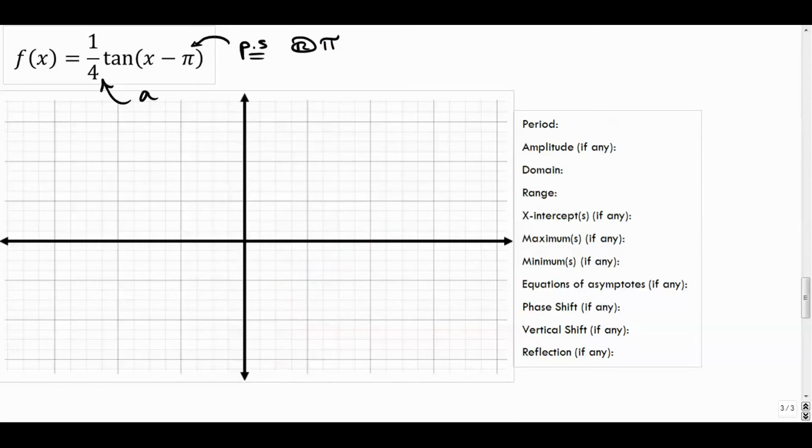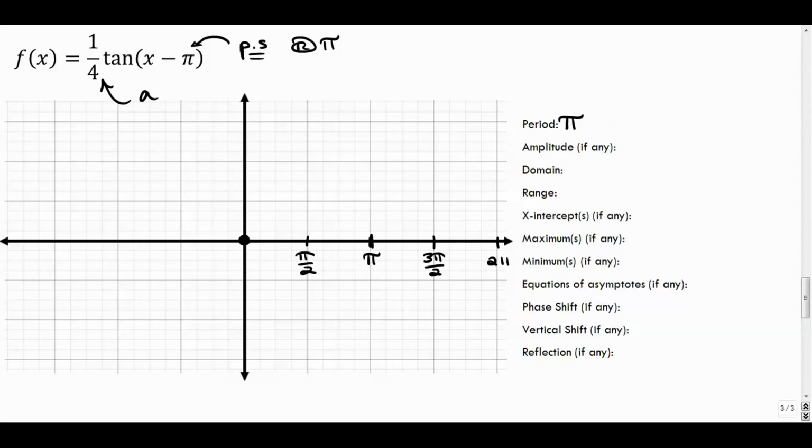Let's get some actual values though. The period of this thing is still π units. That's what it normally is. So let's see, if I know that (0, 0) is usually a point, I want to move right π units. So I'll say that this is π right here. This is π/2. This is 3π, well, it's a little off. This is 3π/2. And this is 2π.